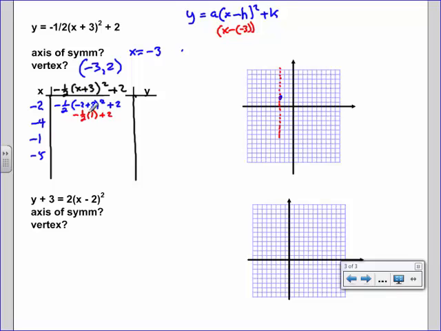Well, that's negative 1/2 plus 2, which is 1.5. And again, we know we're going to have the same value if we put in negative 4.